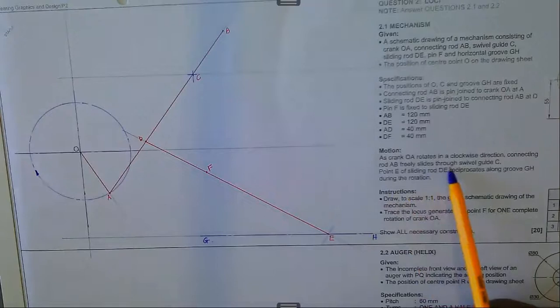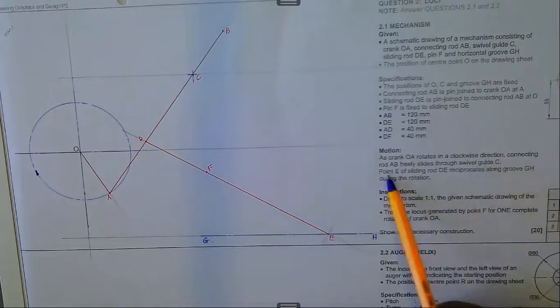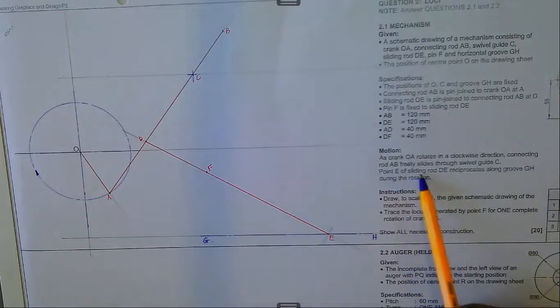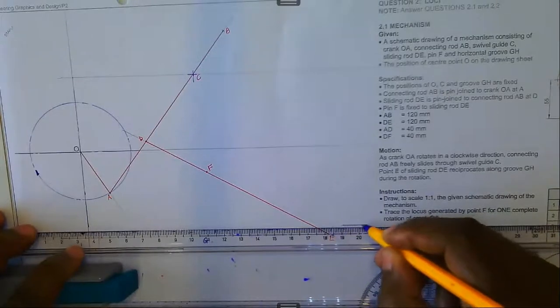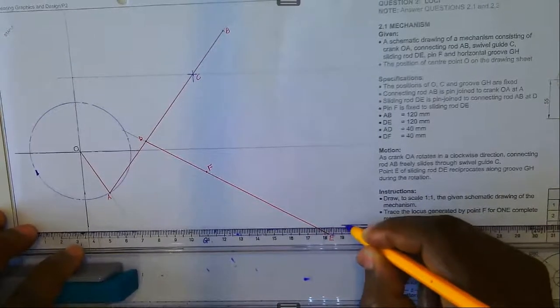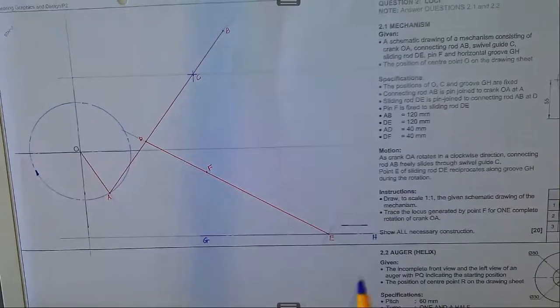Through swivel guide C, point E of sliding rod DE reciprocates along groove GH. So point E moves to and fro, right? So we can do this. So it shows that this can move to and fro along GH.